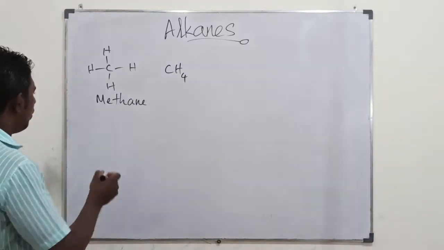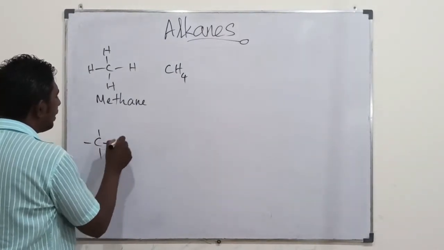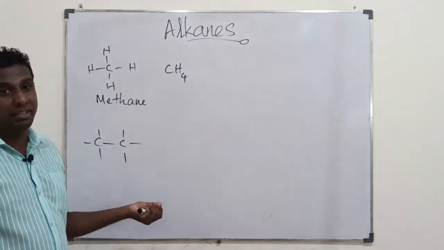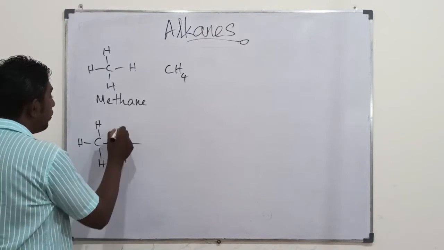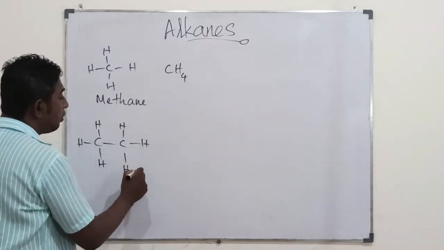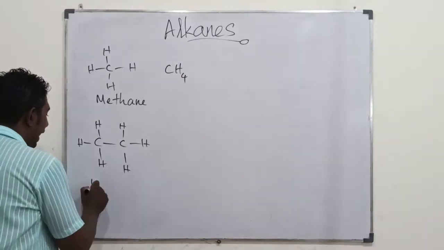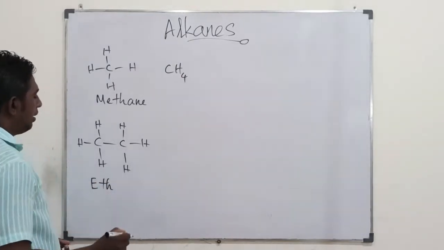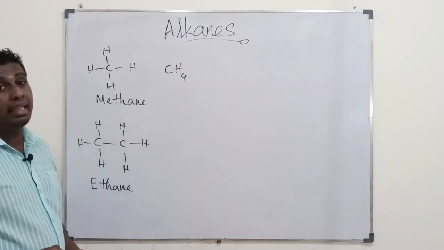Well, let's go to the second one. When you find two carbons with no double or triple bonds, it's an alkane with two carbons. Two in Latin is eth. Then with the suffix ane, it is ethane.